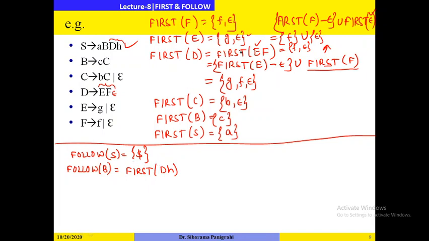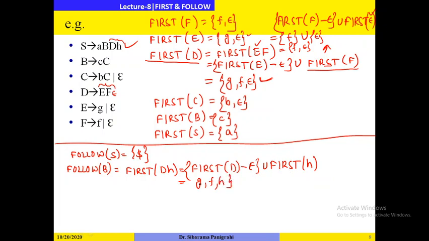So first of DH means first of D minus epsilon union first of H. Here you see first of D contains epsilon. That's why I am doing first of D minus epsilon union first of H. So first of D minus epsilon is GF. First of H is H. So you will get GFH.